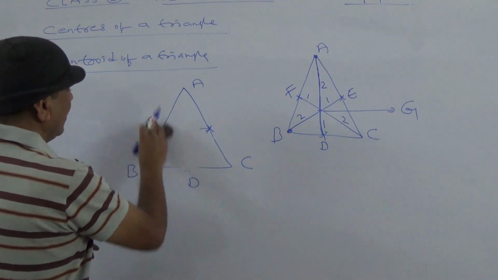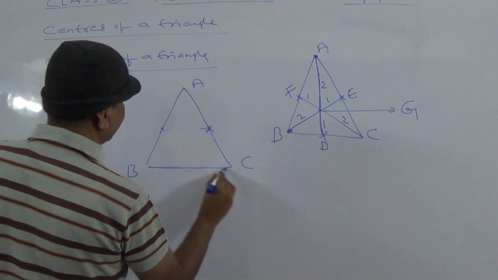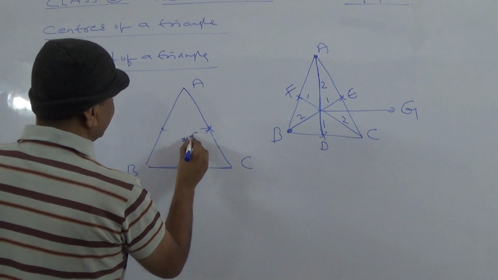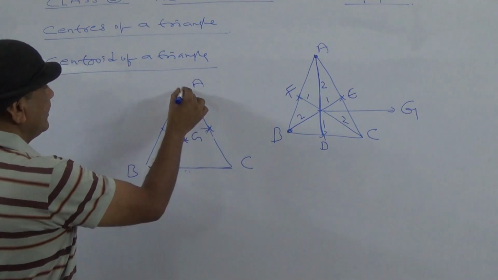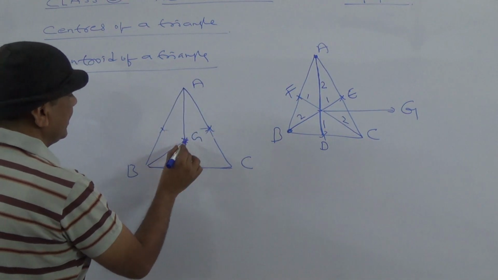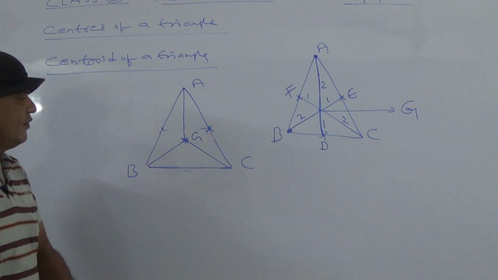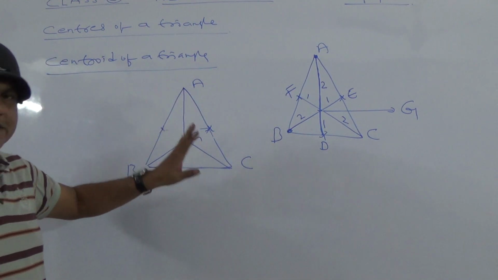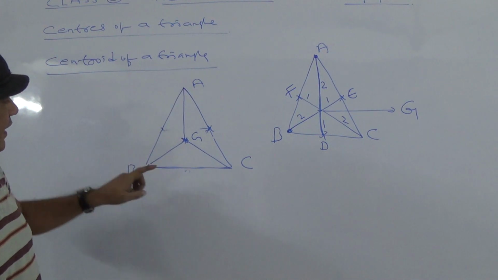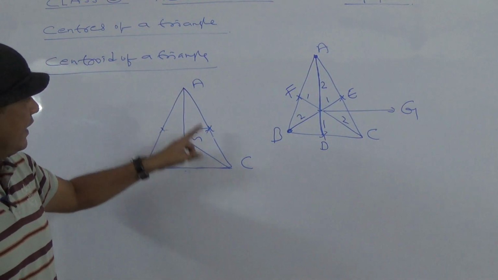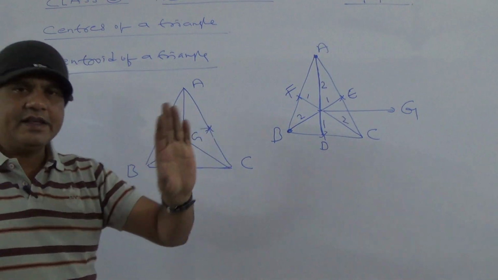Now G is the centroid of a triangle. Now join AG, BG and CG. If G is the centroid of a triangle ABC, then area of triangle AGB, area of triangle BGC, area of triangle AGC are equal.